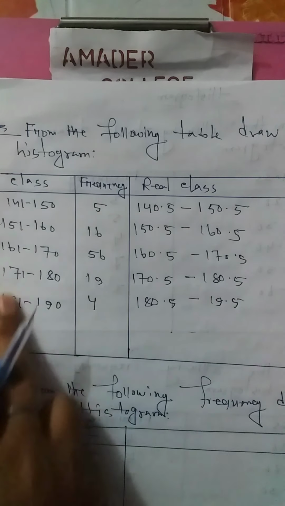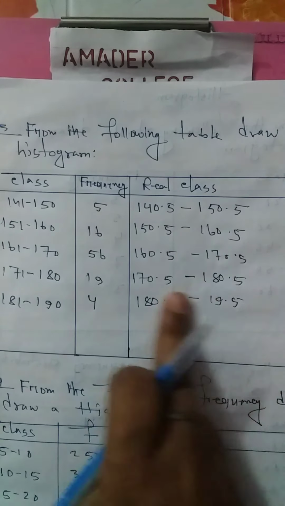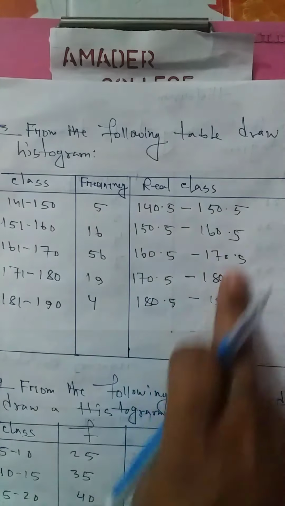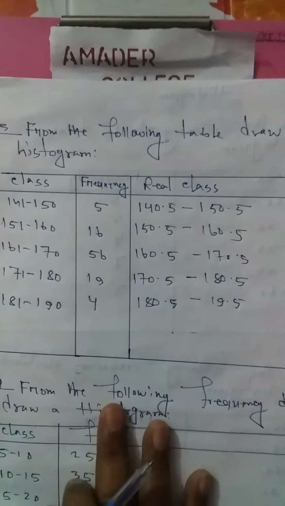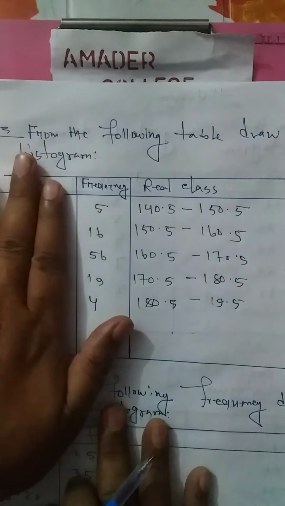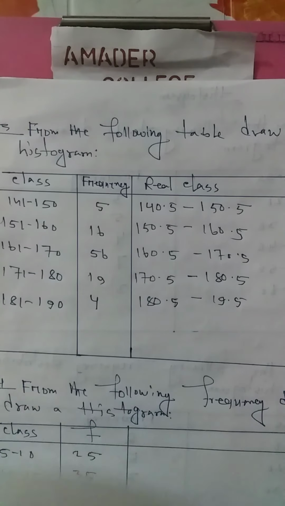Then the question is transferred from inclusive method to exclusive method. Now for drawing, we need the class lower limit and frequency; the class is no longer needed. Now we can draw about the question.